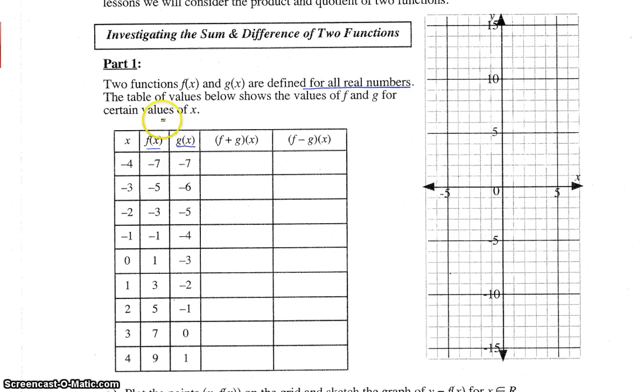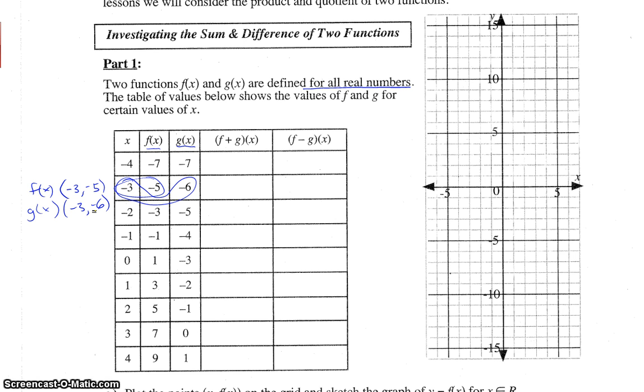As ordered pairs, you could think of (-3, -5) for f of x, and for g of x the ordered pair would be (-3, -6). Okay, so that's how you read that table.